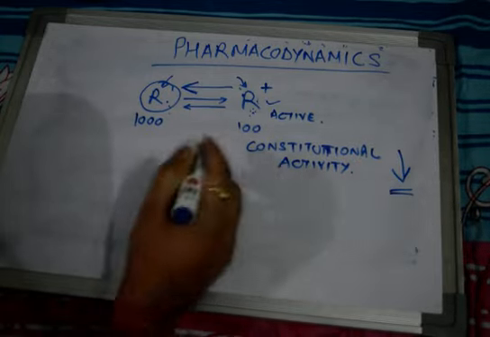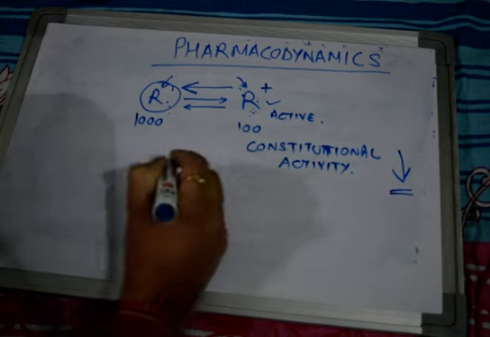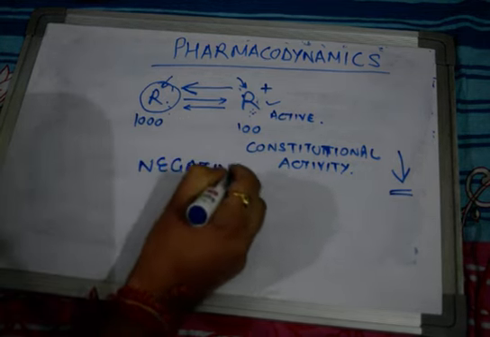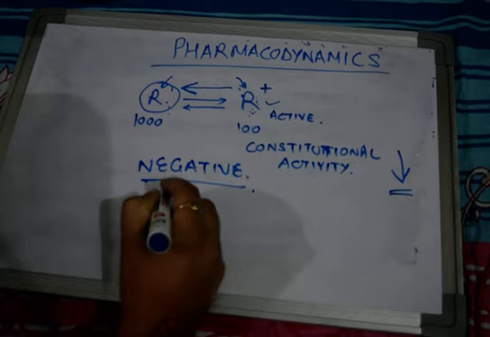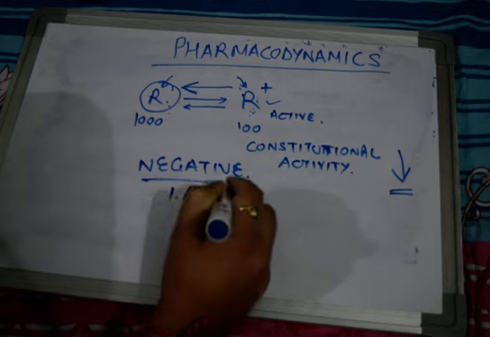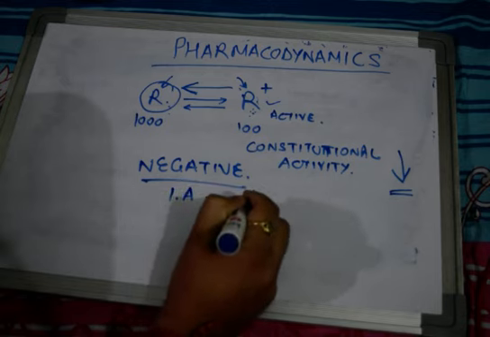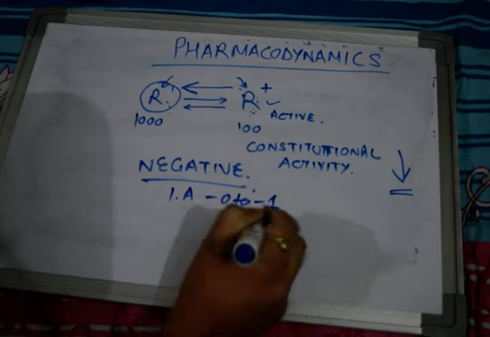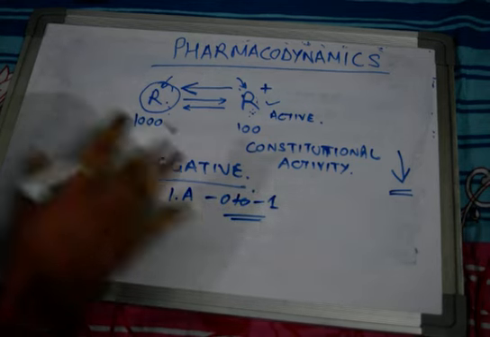When this goes down, obviously you will see a negative effect. That's why we say that in an inverse agonist the intrinsic activity is on the negative side. It is 0 to -1. Got this? I hope this concept is clear.